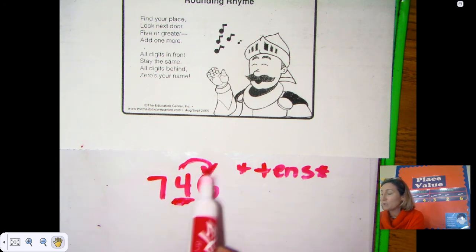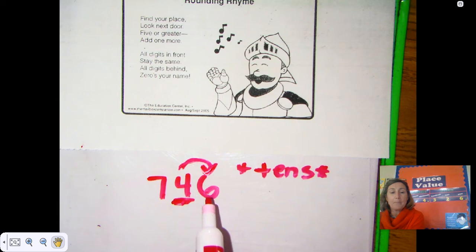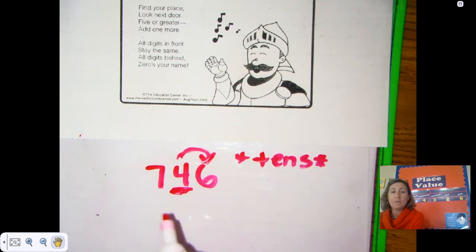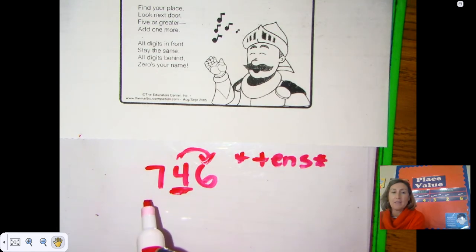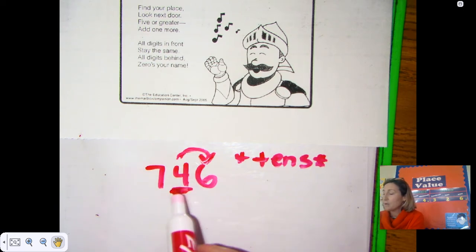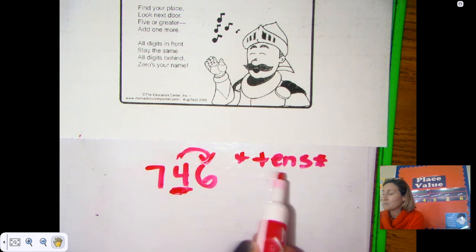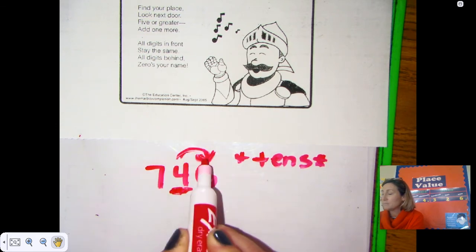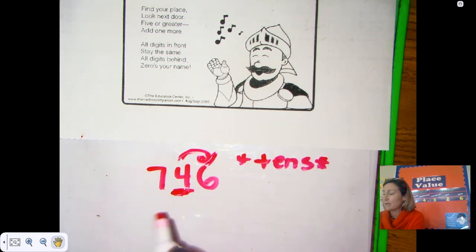Find your number, look next door. If the number next door is 5 or greater, you're going to add one more to the number you underlined. Now, if you have numbers in the front, they don't change. So 4 was in the tens place. Look next door. It is 5 or greater.